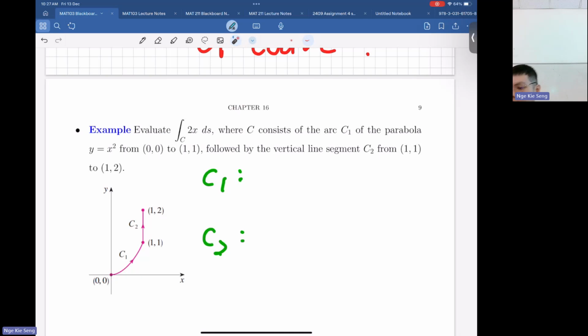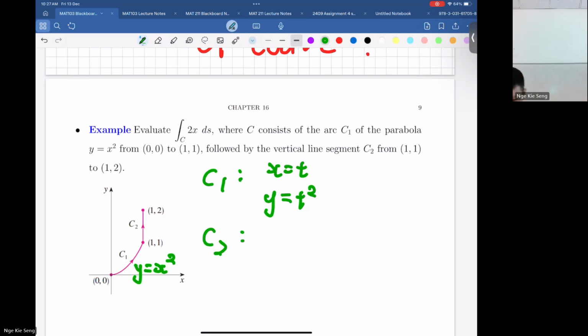Let's do C1. How do we parameterize C1? This C1 here is y equals x squared from (0, 0) to (1, 1). You can see that y depends on x, so you can let x equal t, and then y becomes t squared.